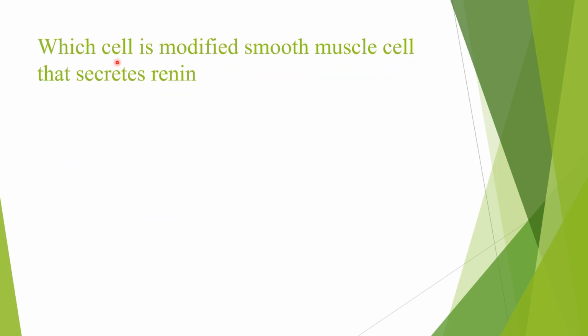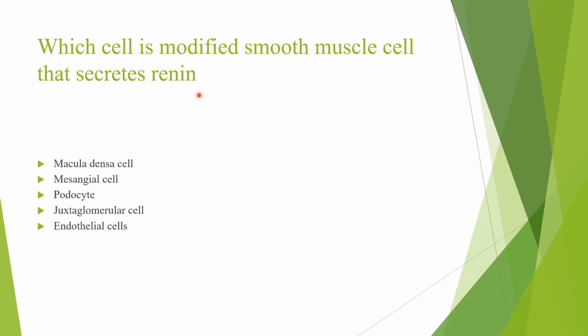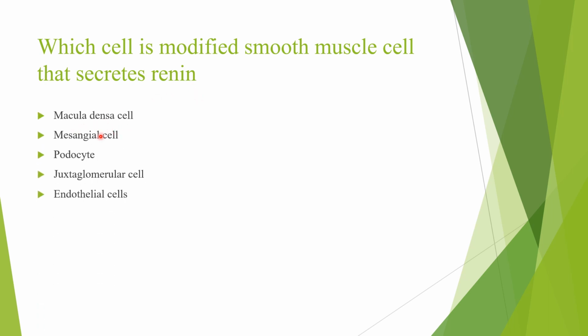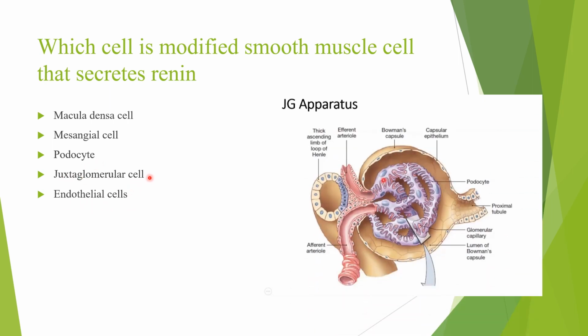Next MCQ: which cell is the modified smooth muscle cell that secretes renin? The options are the macula densa cells, mesangial cells, podocytes, juxtaglomerular cells and endothelial cells. You can best understand through this diagram. This is the renal corpuscle, this part is the juxtaglomerular apparatus, this is the distal convoluted tubule, and the part of the distal convoluted tubule which comes in close contact with the renal corpuscle forms the macula densa.